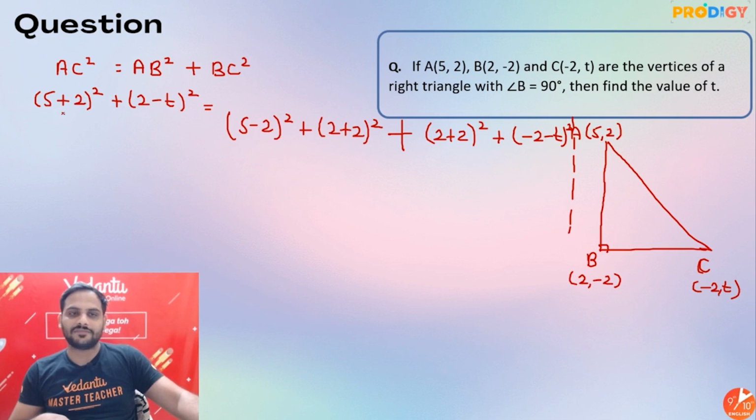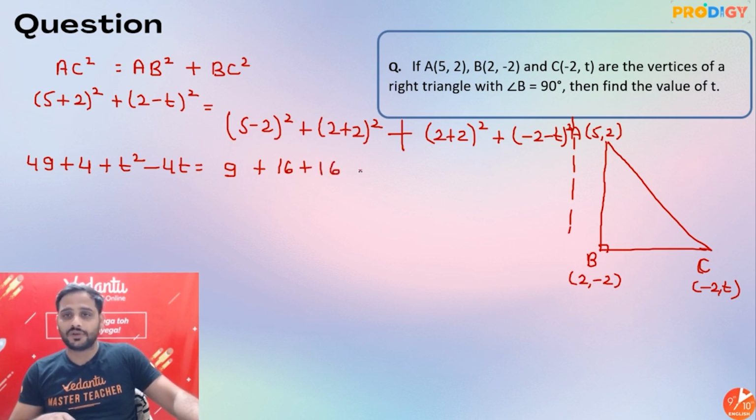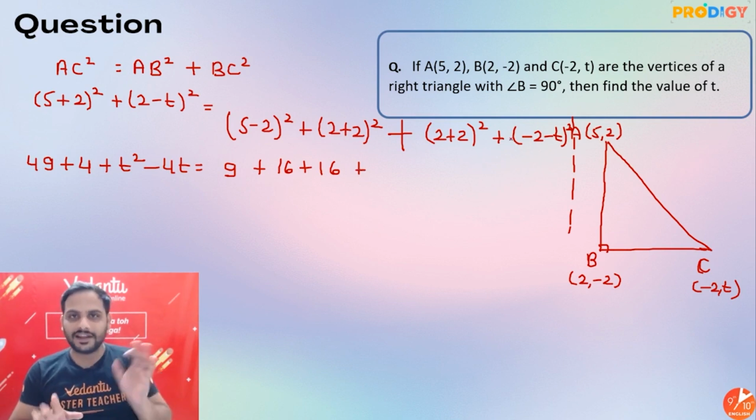So I can say 5 plus 2 is 7. 7 square is 49. 2 minus 2 whole square is 4. 2 square is 4 plus T square minus 2 into 2 into T is minus 4T, is equal to 5 minus 2 is 3. 3 square is 9. 2 plus 2 is 4, 4 square is 16. 2 plus 2 is 4, 4 square is 16. Minus 2 minus T whole square. See, minus 2 minus T whole square will be same as 2 plus T if I take negative common.